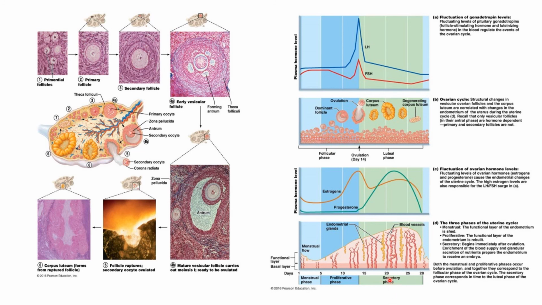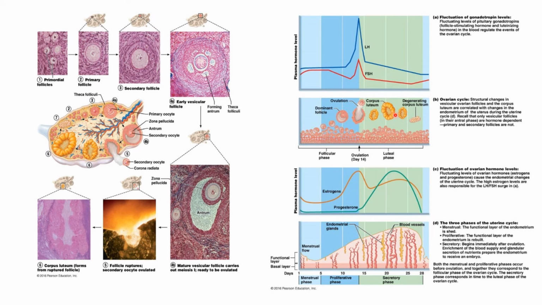Then comes the secretory phase, or we can refer to it as the post-ovulation phase. During that phase, you can see that the endometrium of the uterus is preparing itself for an embryo to be implanted. During that stage within our plasma, our progesterone levels are increasing.